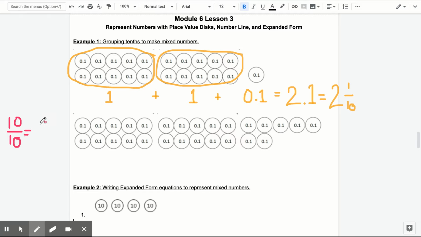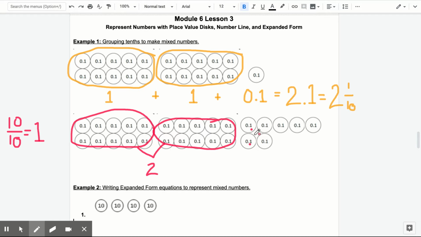If you look at this next one, it's already kind of divided up to make it pretty simple. We see a group of 10 here and a group of 10 here, which tells me that together I have 2 wholes. Over here I have 1, 2, 3, 4, 5, 6, 7 tenths.